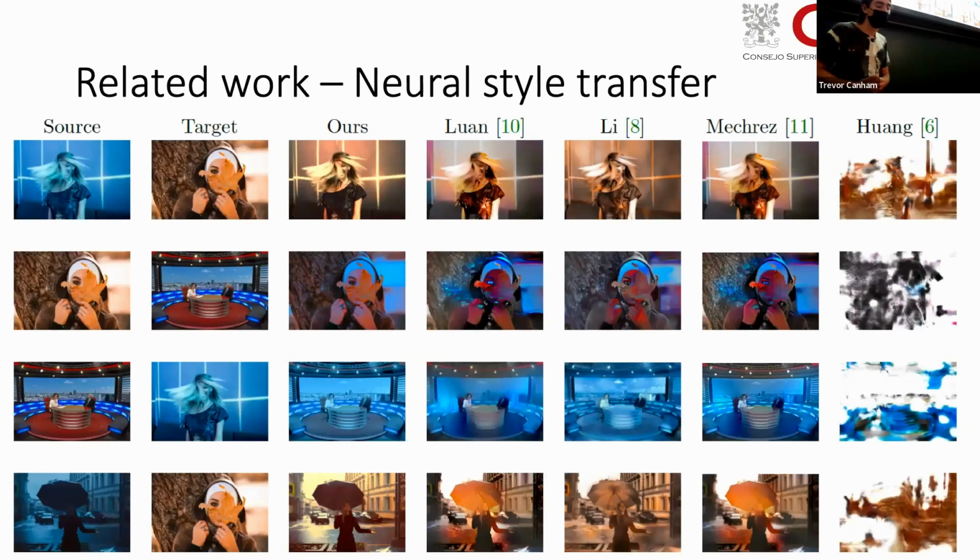Neural style transfer identifies low-level image features via a convolutional neural network and matches between similar ones. So Luan, in the third or fourth column, was a very popular example of photorealistic neural style transfer. It was one of the first neural style transfer methods to actually show usable or presentable photorealistic results, whereas most other ones were, just to clarify the meaning of photorealistic, putting output in a painterly art style or something like that.